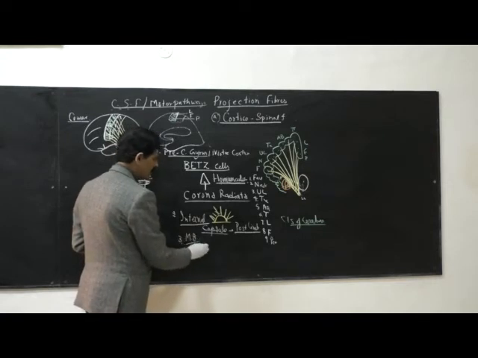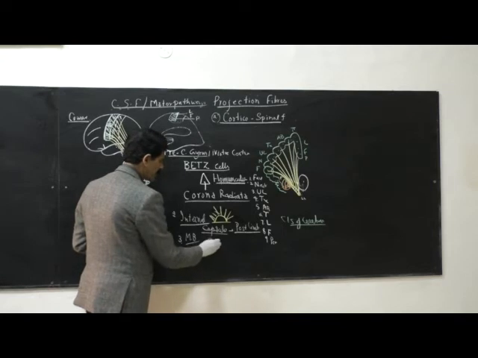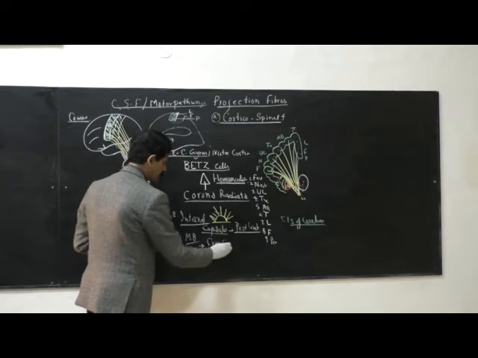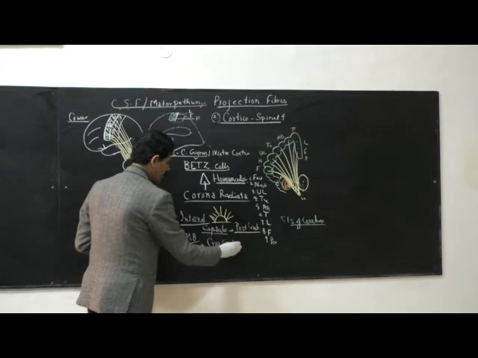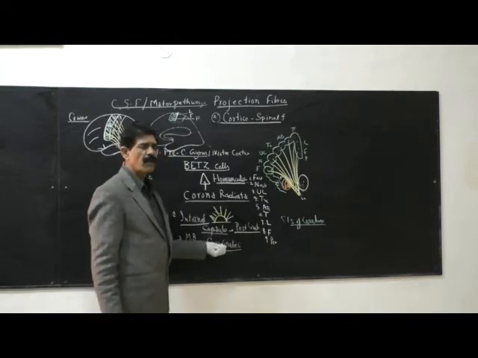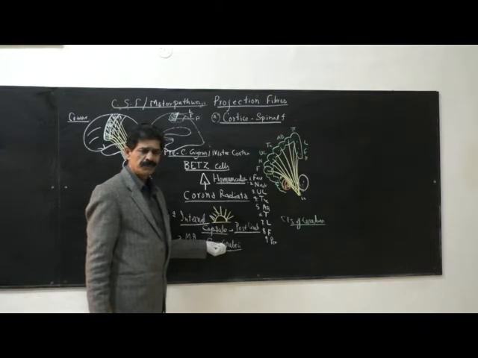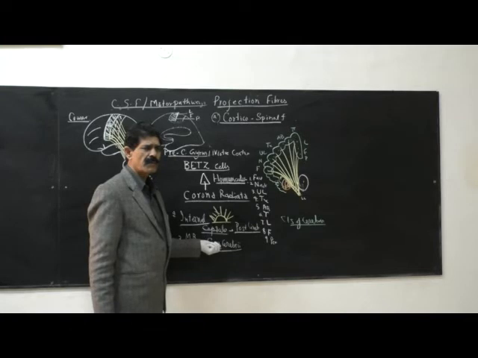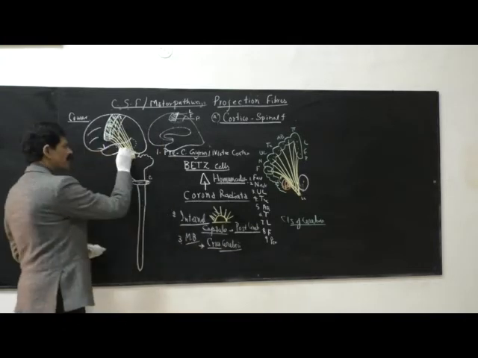In the midbrain, this compact bundle of fibers is called the crus cerebri. Crus means bundle. Cerebri means from the cerebrum. So that is the meaning of the crus. Now they lie in the crus cerebri of the midbrain, which is present in the ventral part of the midbrain.